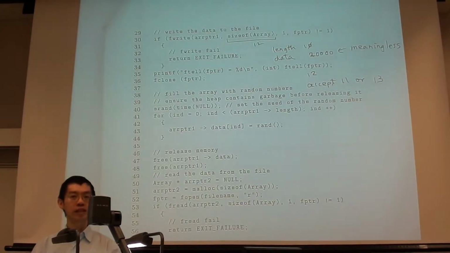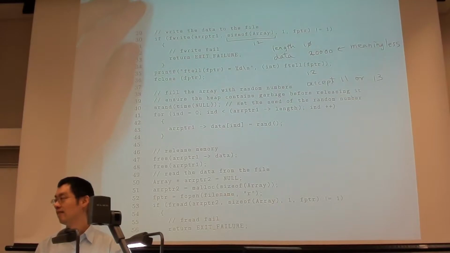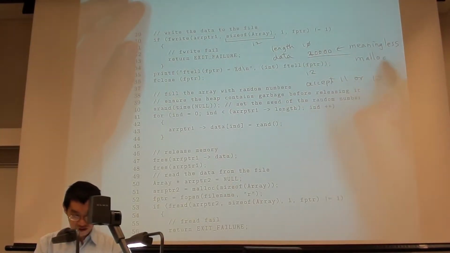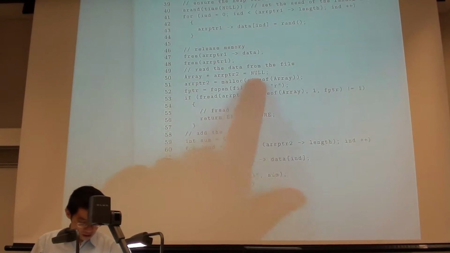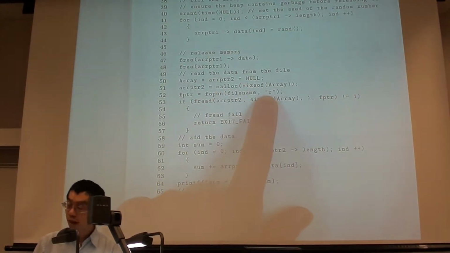Because if you write the memory address to a file, next time it's very unlikely you have that piece of memory again. It comes from malloc. So then we allocate another object. We try to read the file.